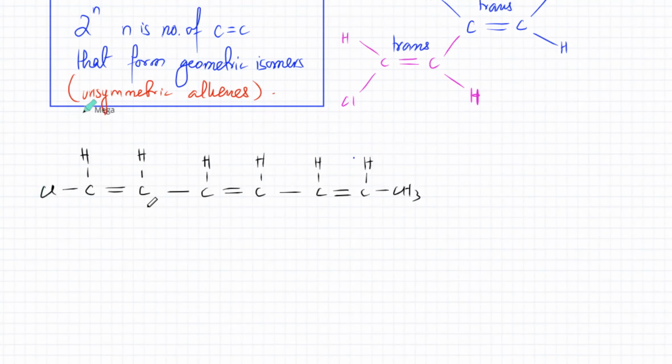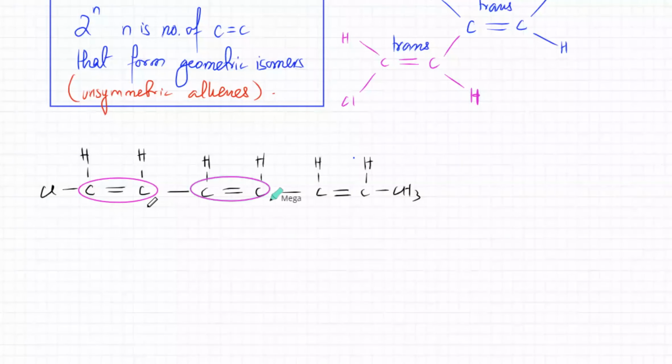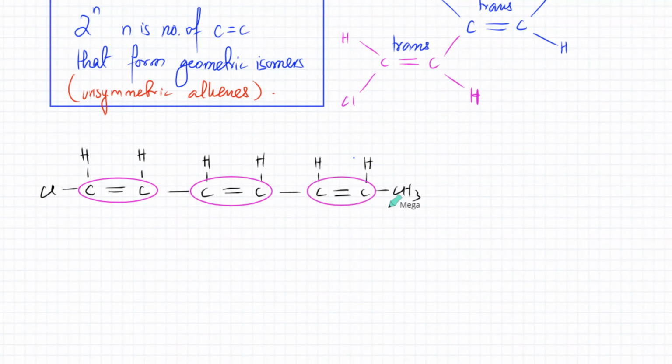So if you focus on all the double bonds, all of them are capable of forming geometric isomers. Each carbon atom in the double bond is bonded to 2 different groups. Like if you focus on this one, this carbon is bonded to an H. On the right side, it's bonded to this thing. This carbon atom is bonded to an H. On the left side, it's bonded to this side. This carbon atom has 2 different groups, this carbon atom has 2 different groups, and this carbon atom has 2 different things, right?